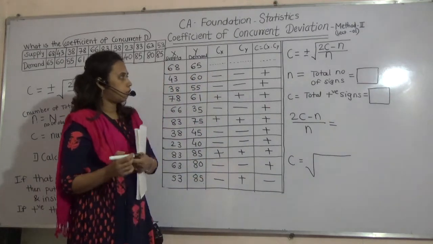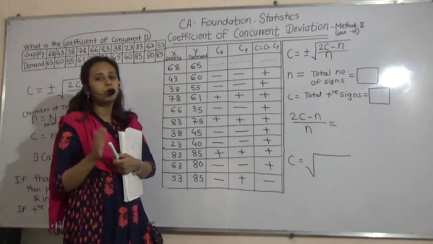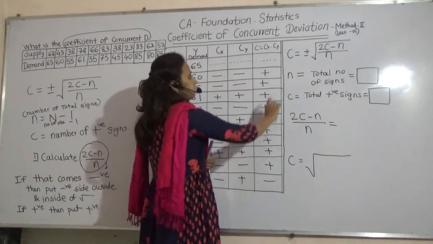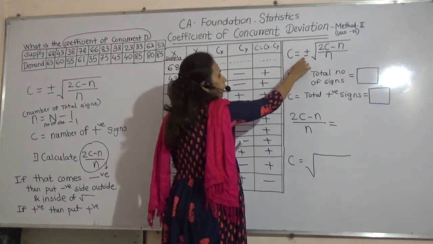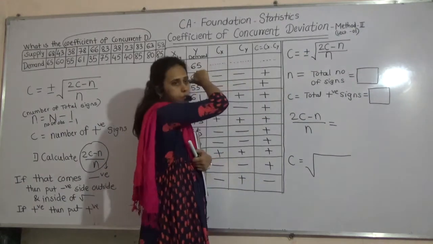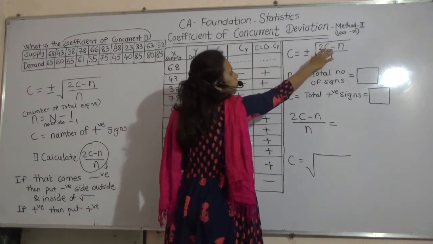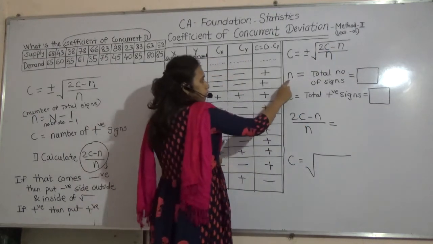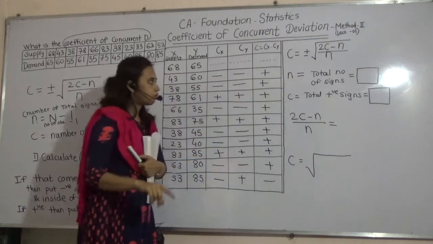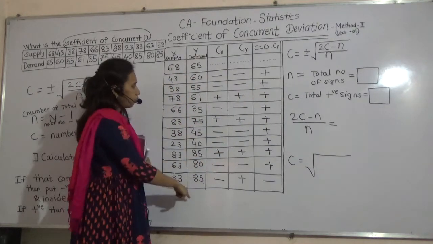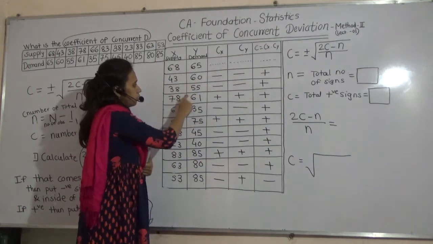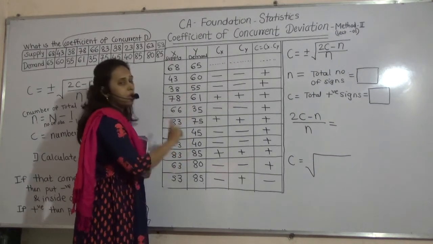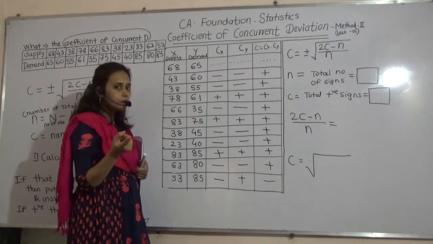Okay. Now we have to use the formula. How? See, we have done with this. Now C is equal to plus or minus, and I have already explained the formula: square root of (2c minus n) upon n. Now we can use it in two ways. What I told you: see the total number of observations, 1, 2, 3, 4, 5, 6, 7, 8, 9, 10, 11, so 11 minus 1.